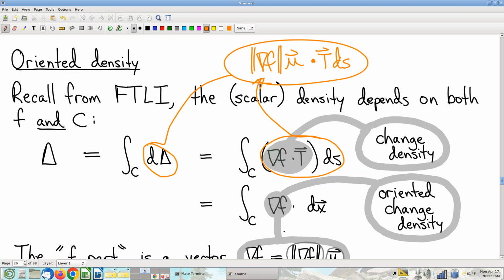So, how do we group these together? What should we call what? If you insist on focusing on thinking of ds and only ds as being the size, well, then you kind of have to do this weird thing of lumping all of this together as if those are all part of the same thing, and that's your integrand here, and that's your change density, and you can do that, right?